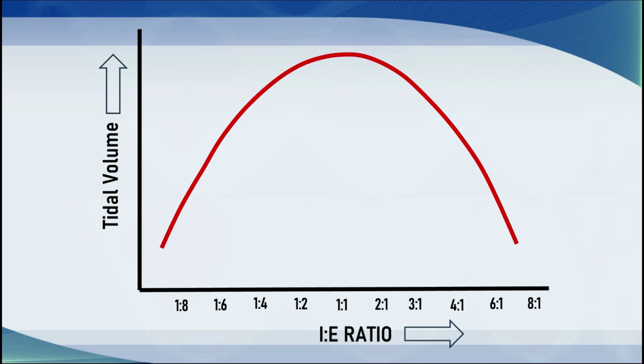From the base point here of an I/E ratio, for example, of 1:2, as the inspiratory time shortens, that means we're going to the left on the graphic, the tidal volume drifts downwards progressively because the inspiratory time is too short.